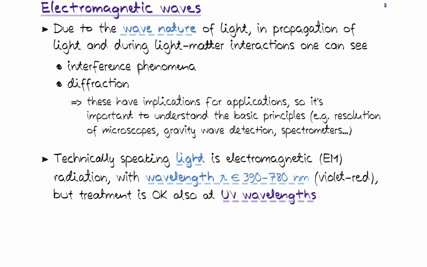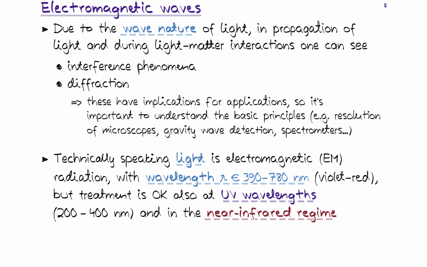Our treatment is quite okay also at the ultraviolet wavelengths. So when we go to wavelengths shorter than 390 nanometers, especially in the nearby 200 to 400 nanometers, the treatment is perfectly okay. And the treatment is also quite okay in the near infrared regime and mid infrared regime, covering from 780 nanometers all the way up to 6 microns.